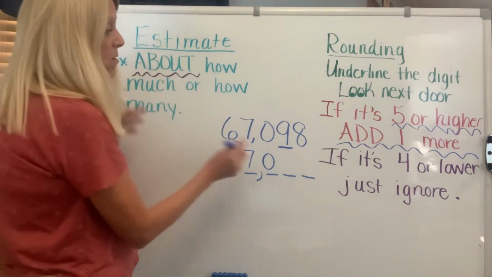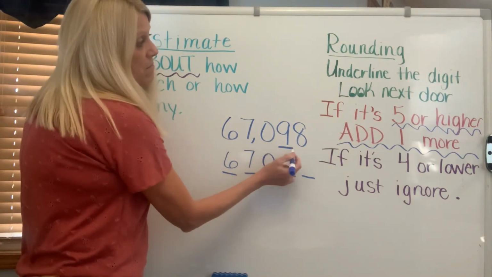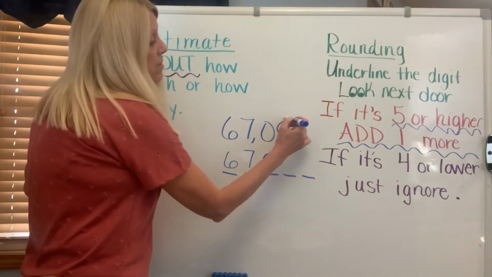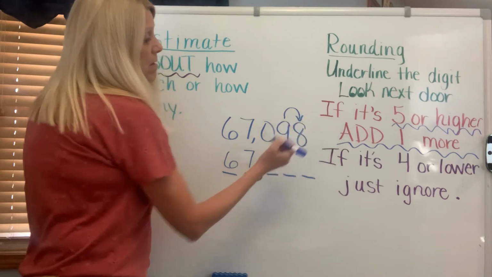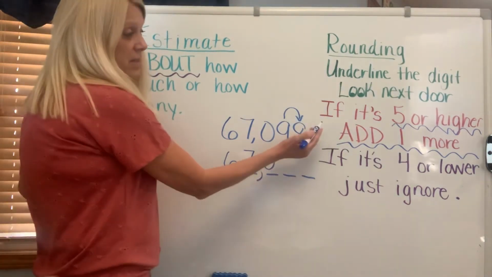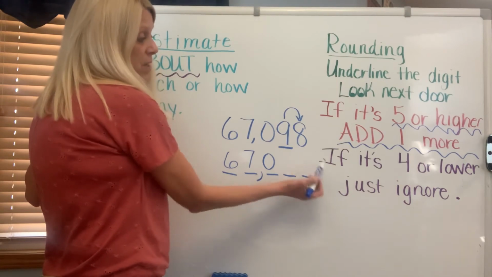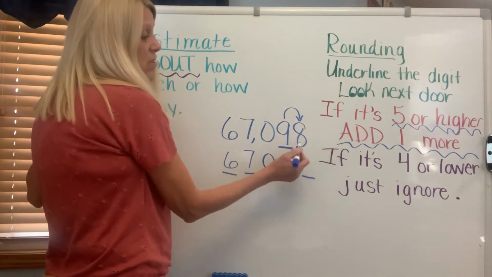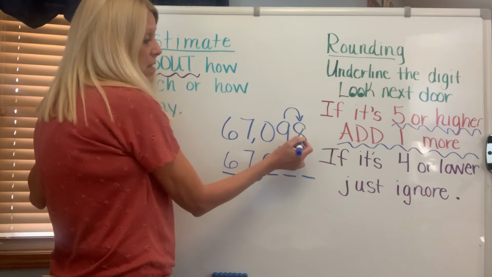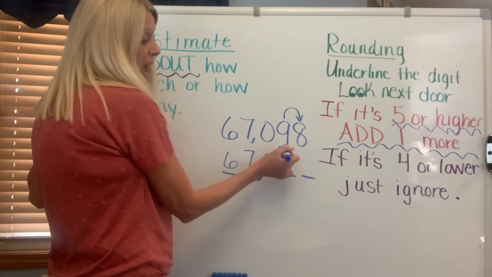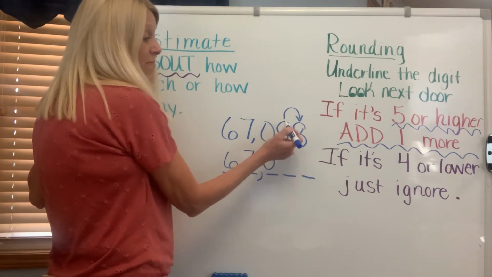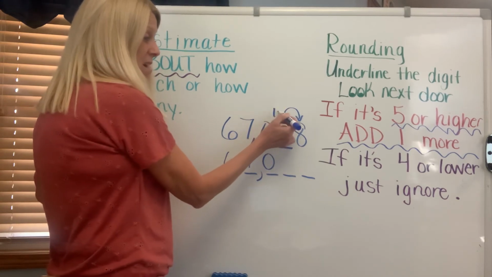Okay, so I've underlined the digit I'm rounding to. I look to the neighbor on the right. Is it 5 or higher, or 4 or lower? It is higher than 5. So that tells me that I'm going to add one more to my 9. If I add one more, I get 10.